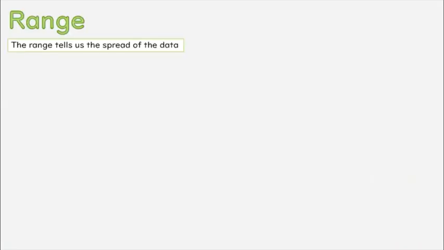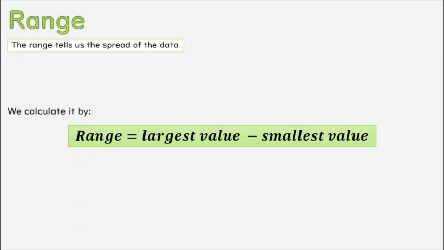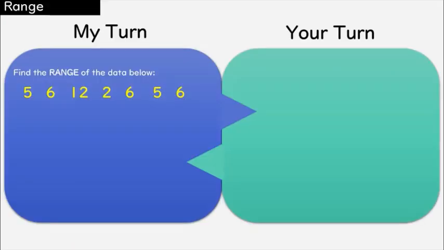So 4 different averages. First of all, we're going to have a look at the range. The range tells us the spread of the data, so how widely spread the set of data is. And how do we work it out? Well, we take the largest value, or the biggest value, and we take away the smallest value. So going straight into it, let's work out the range of this set of data here.